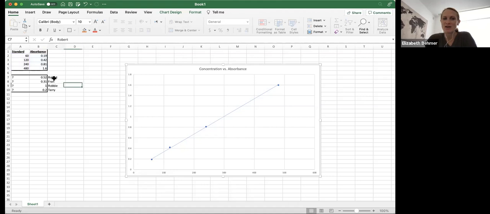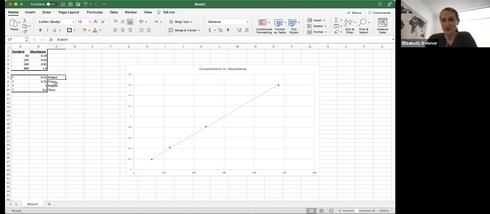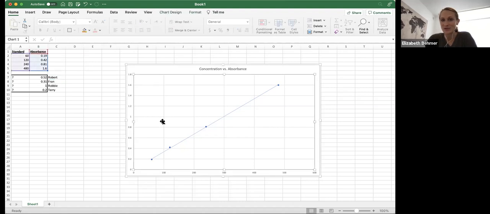So then we have the samples of our patients. For example, Robert's sample of glucose concentration absorbed 0.52. When we get to this graph, we go up to about 0.52, which is where my cursor is, and make a horizontal line over.